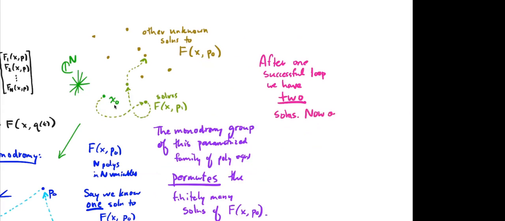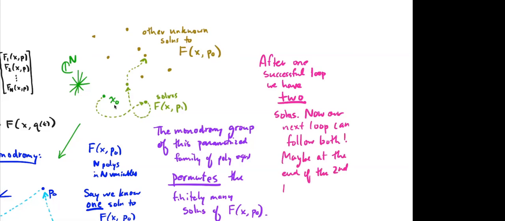Now, our next loop can follow both. Maybe at the end of the second loop, we have 4 solutions, etc.